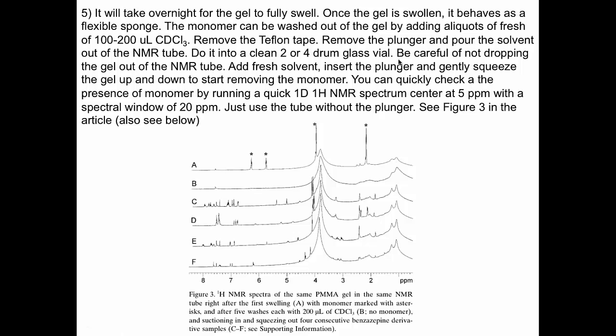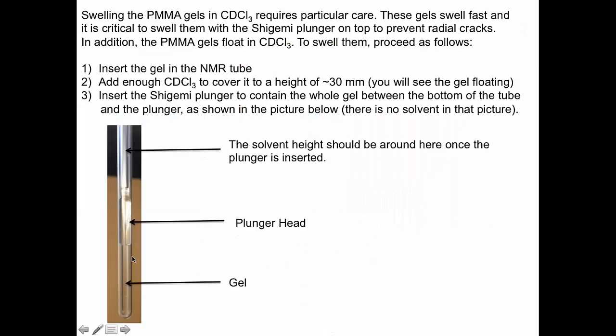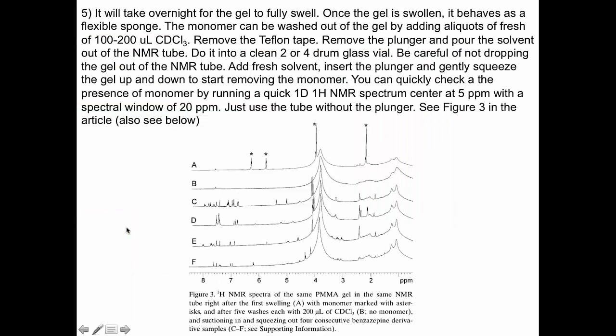If the gel drops, it has to drop into the vial. And then you can add fresh solvent, and you gently pump the gel with the plunger, and then you will start washing it.